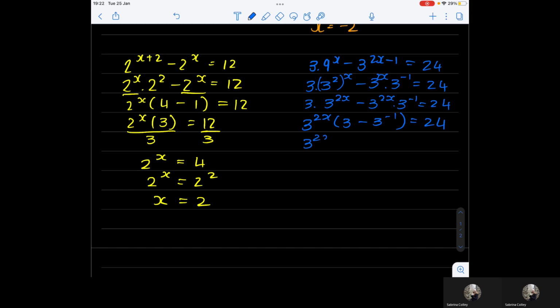Let me work out what's in the bracket because I can always divide numbers by it. So 3 minus 3 to the power of negative 1 will give us 8 over 3. So now I need to get rid of the 8 over 3 on the 3 to the power of 2x. What am I saying?